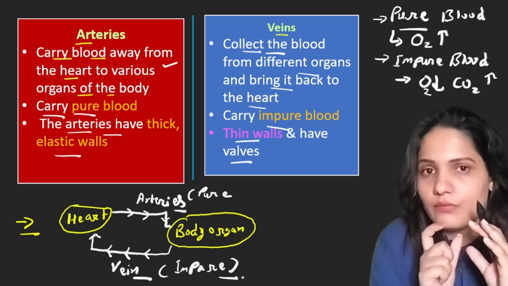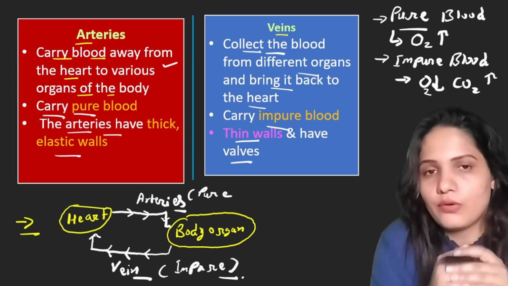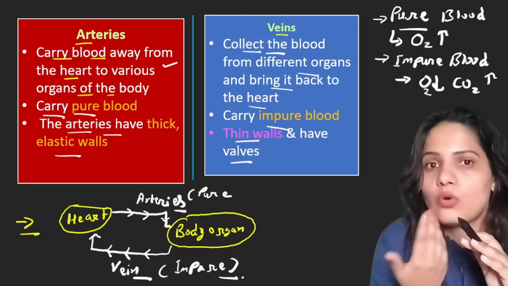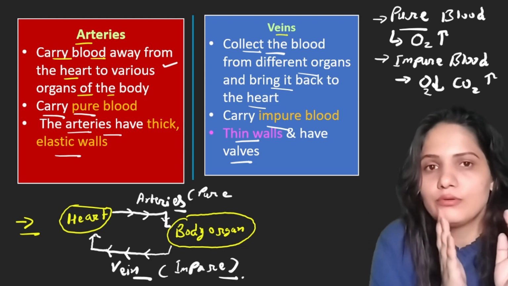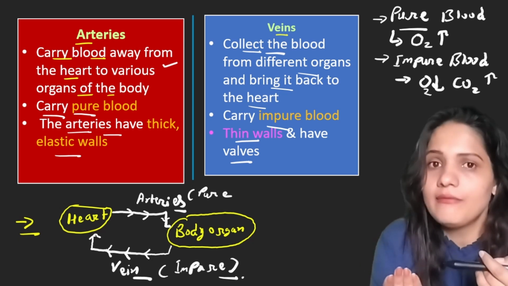They have thick walls to resist the high pressure. In the case of veins, they have thin walls because the blood pressure in veins is not higher compared to arteries. They have low blood pressure. This is the reason veins have thin walls, and arteries have thick walls.